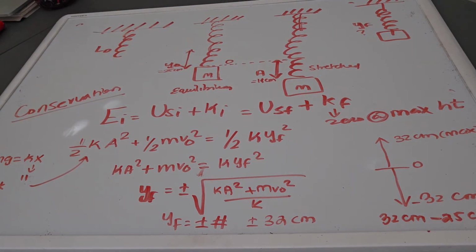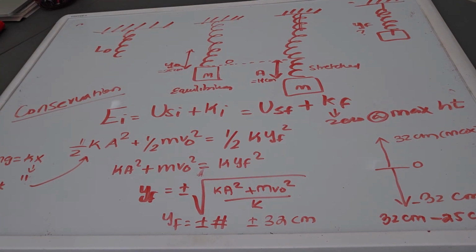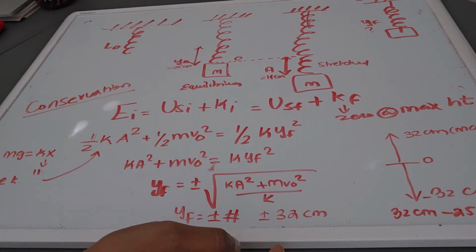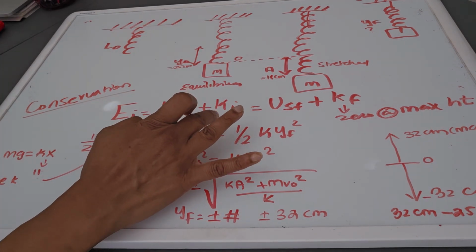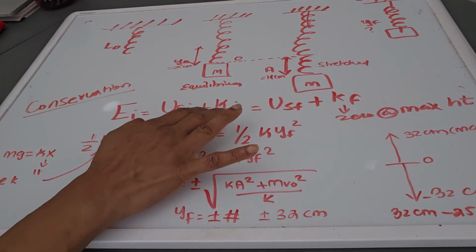So we use the conservation of energy. Initial energy would be equal to final energy, sum of them. Initially we have spring potential energy, and since it is being given a velocity and pull, we have a kinetic energy.